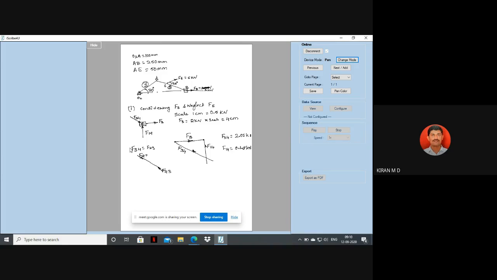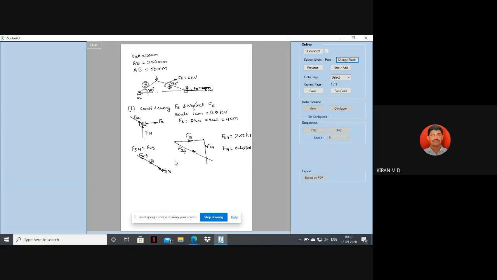You can observe here, if you are writing the forces on link 3, the second notation should be that link number. The first notation is from which it is connected. It is connected here, second link, so force from the second link. It is connected on the fourth link, force from the fourth link. Is it clear? Yes, sir.